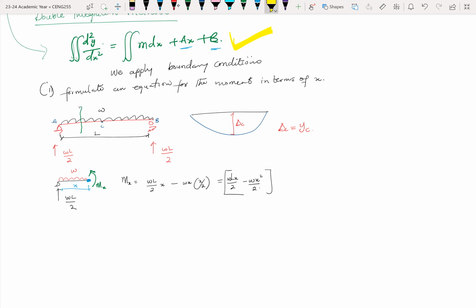So we do our first integration, then our second integration.